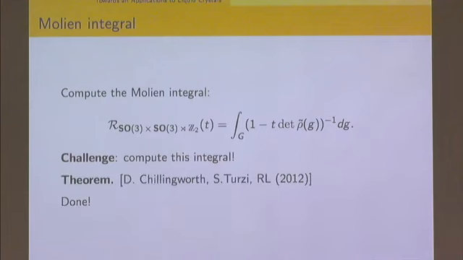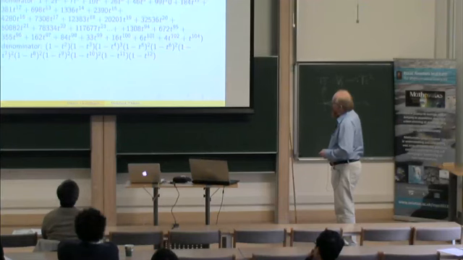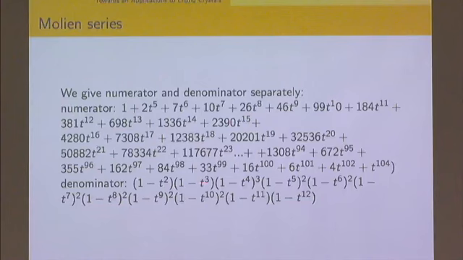So the theorem is that we have done it, and the answer is partially given by this slide here. The denominator is given here, and if you add these exponents in these formulas, you will see that they add up to 19. So the first check is looking good, and it has the form which you wanted to see, even in this case.